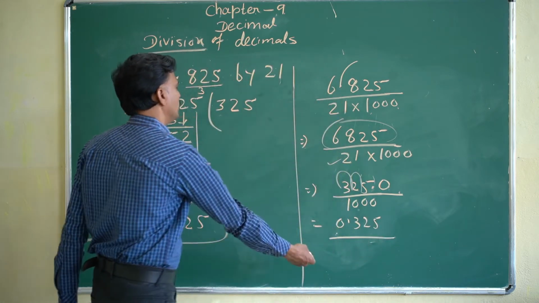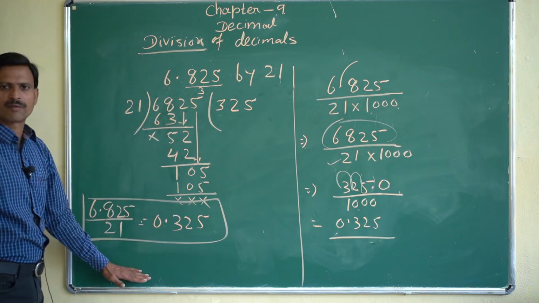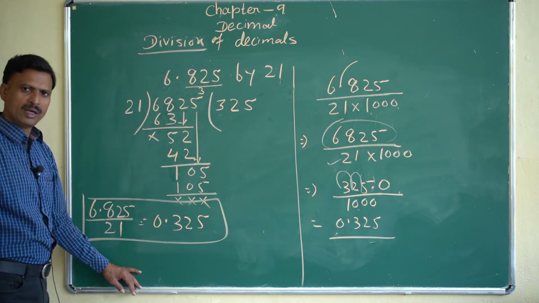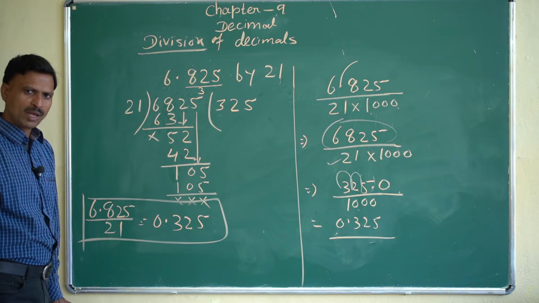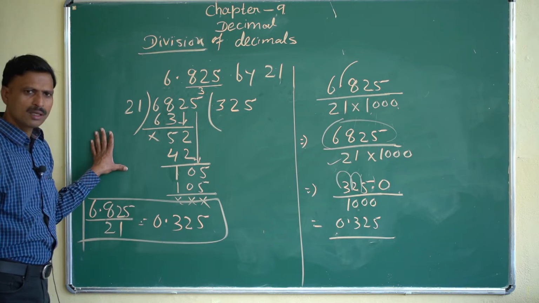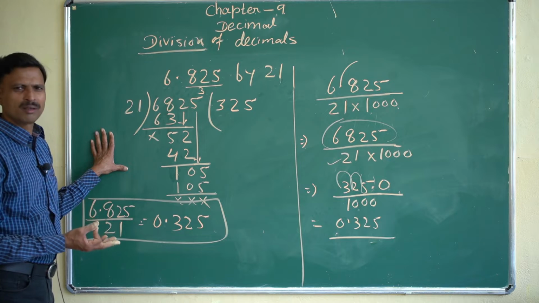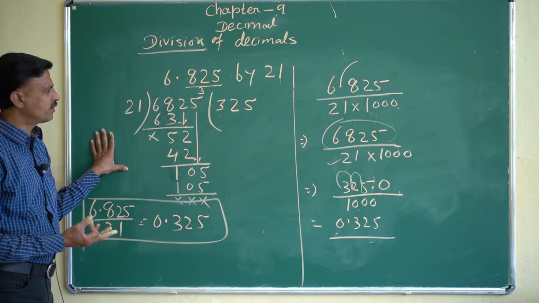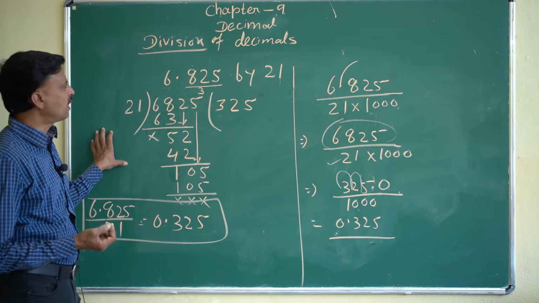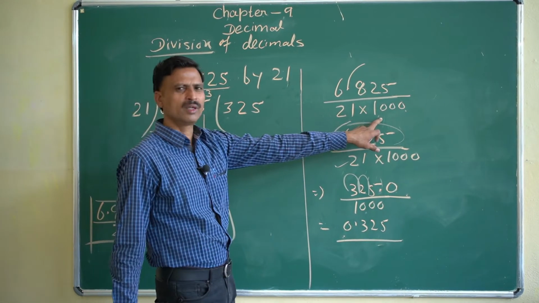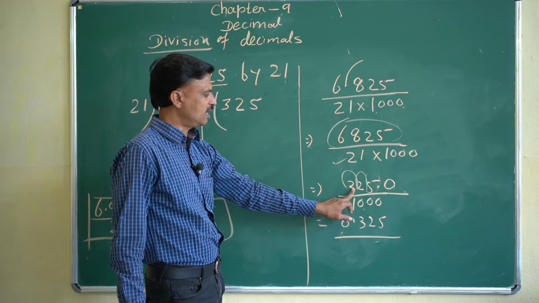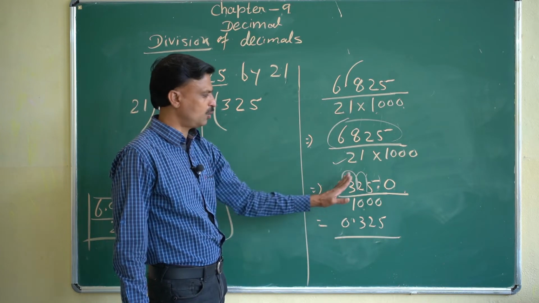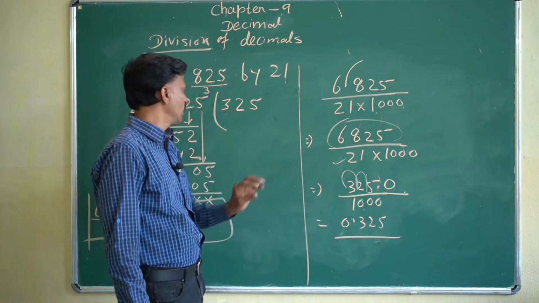So you can solve in this way or in this way, whatever you like. Both are correct. Understood? Any problem? The things are almost the same, just a little different. First we removed the decimal, wrote 1000 here, divided, and then divided again by 1000, which can be done orally.